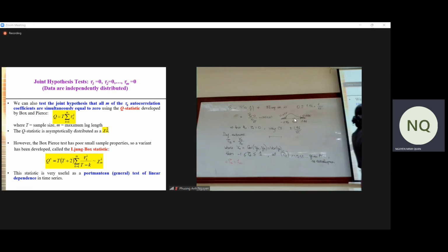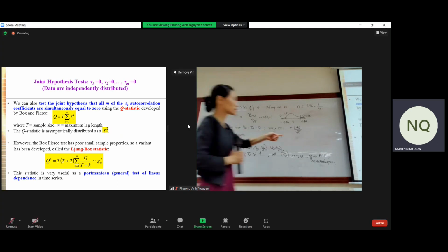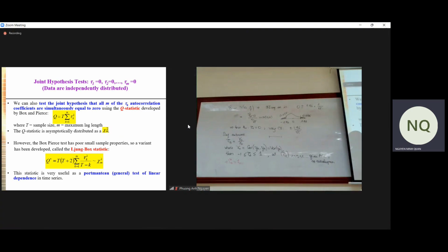So it's very easy to calculate. You take T times the sum of all the tau k squared, where tau k is given from the sample. And the Ljung-Box statistic, which is a different test, you calculate using a different formula. Both of them follow the chi-square distribution with m degrees of freedom.